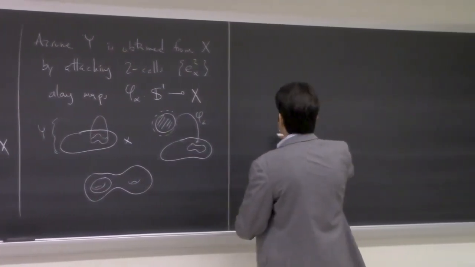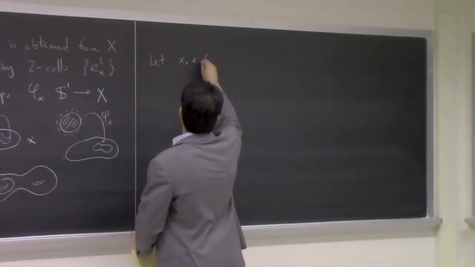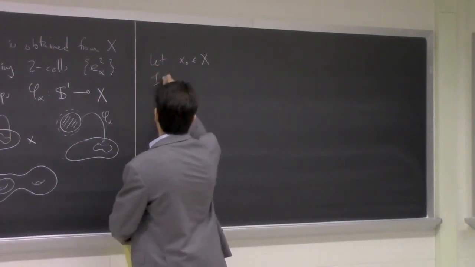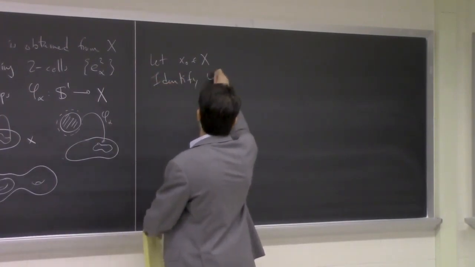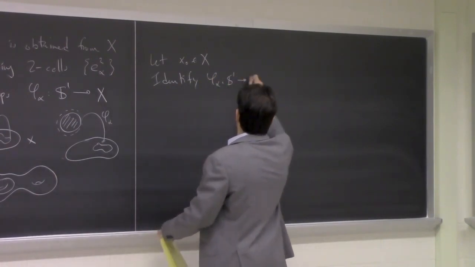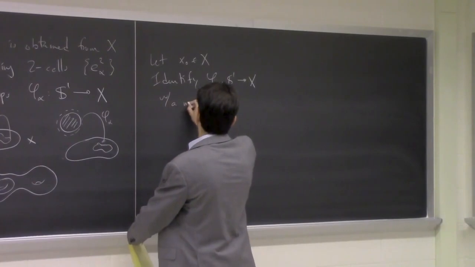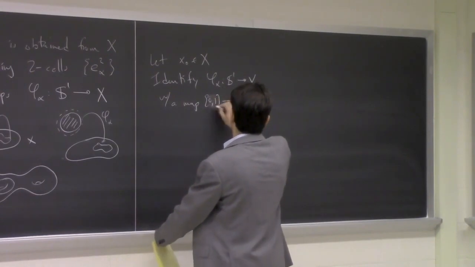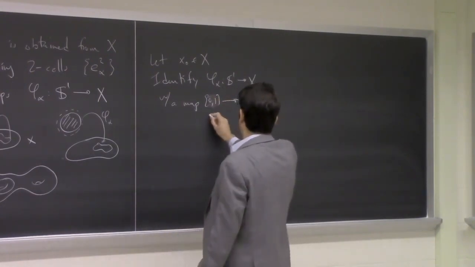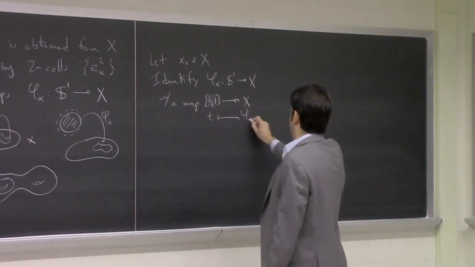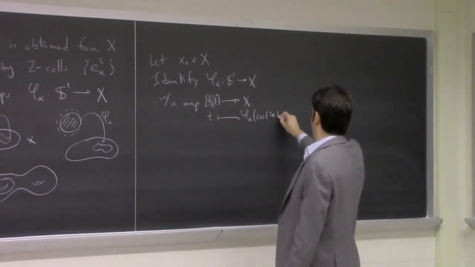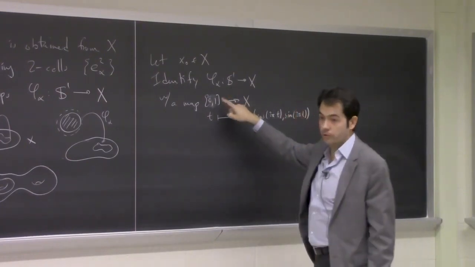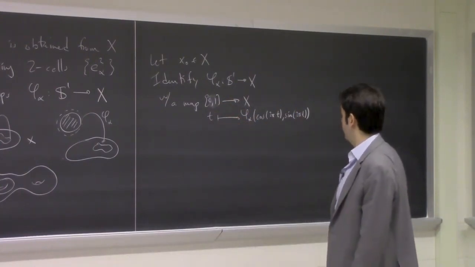So, fix a point in X, so we can talk about the fundamental group. Let's identify each of these with a map from the interval, because that's how we've been talking about elements of the fundamental group, but just in the obvious way: take phi alpha of cosine of 2 pi t, sine of 2 pi t. So just parameterize the circle with the interval and then take phi alpha to be that.